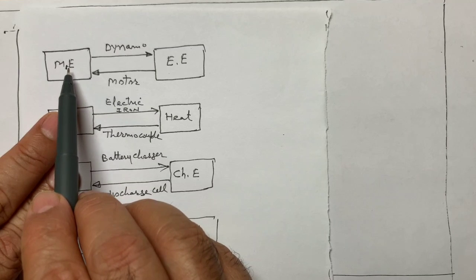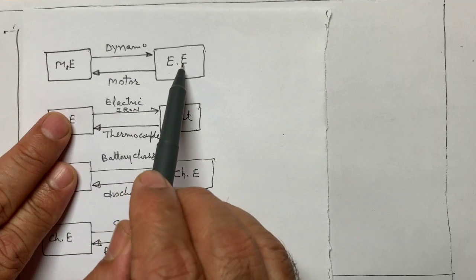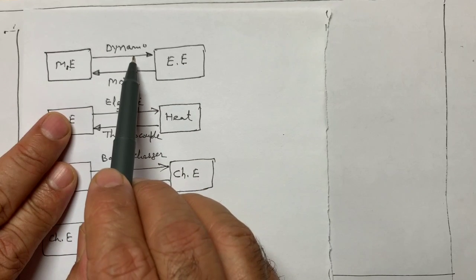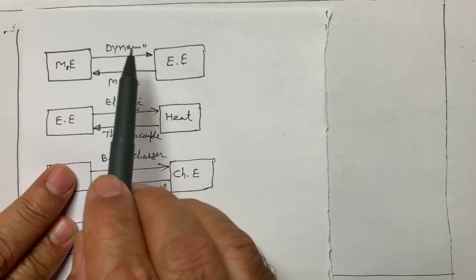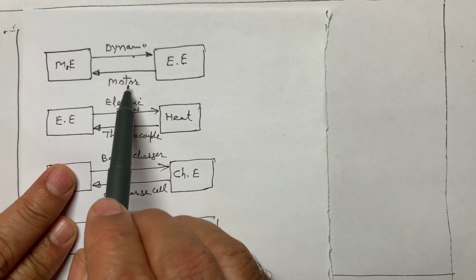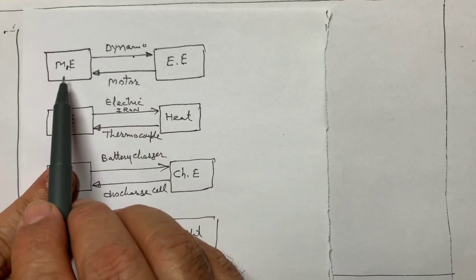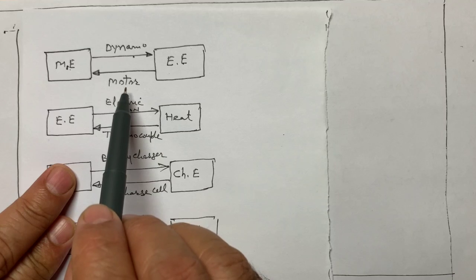For example, if we want to change mechanical energy into electrical energy, that is the dynamo. Now, in a motor, electrical energy is converted into mechanical energy. Motor is used in a fan.